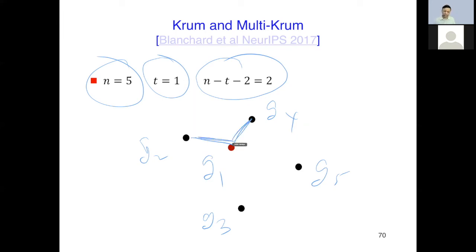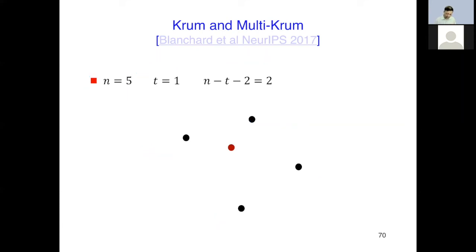These are the two closest vectors to G1. And if you stare at the picture for a minute, you'll find that my output is going to be equal to G1 for the CRUM case, meaning G1 has the smallest score among G2, G3, G4, G5. And so the filter gradient will be G1 in this case. And the score is this length plus that length for this particular vector.